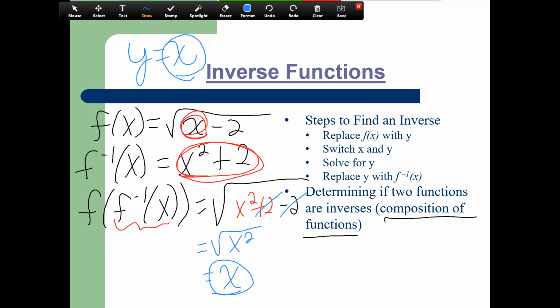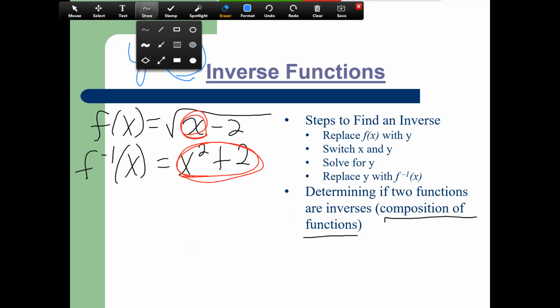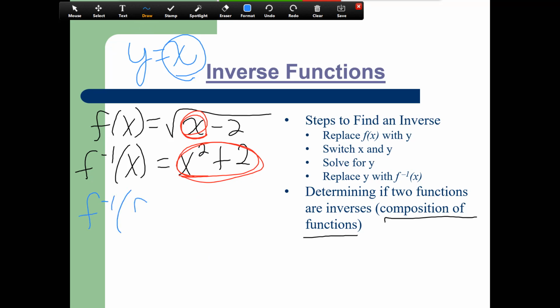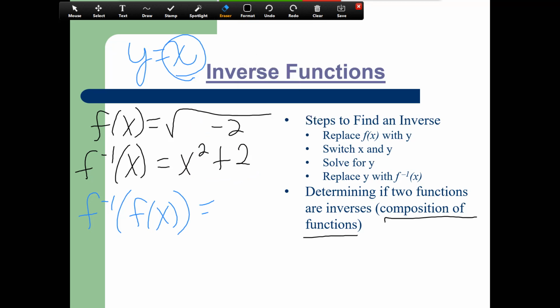Now, does it work the other way? Let's check it out and see. We're going to go ahead and try the other direction. So now, let's take the inverse and let's plug the function into it.